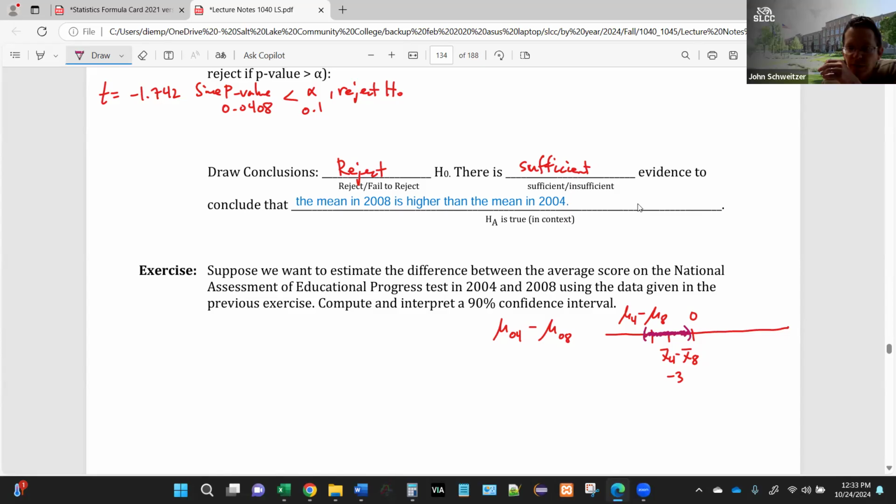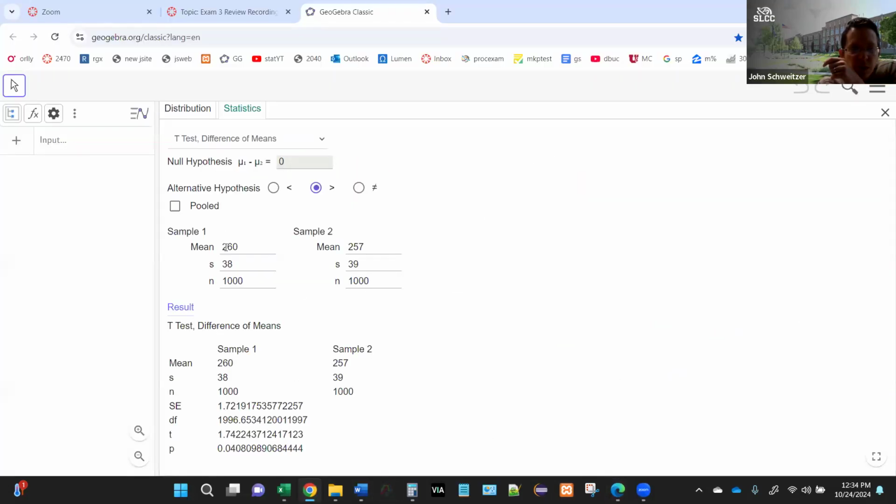So there's our confidence interval, and with some luck, we'll capture the difference between those two parameters, right? So let's do it.